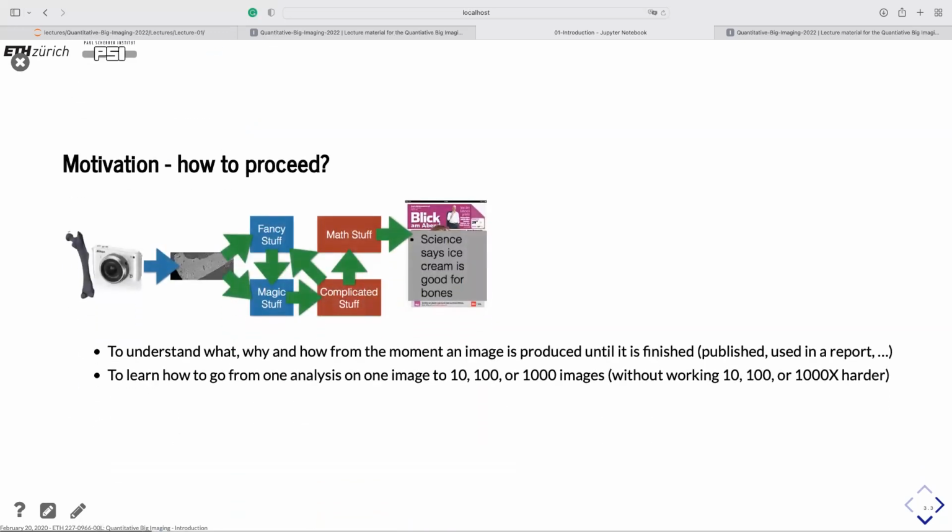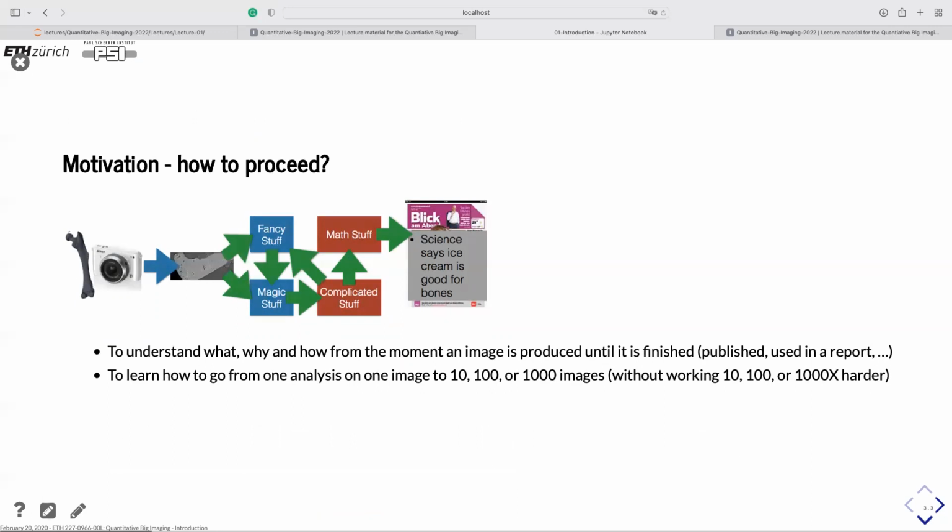And for the procedure, you can set up some kind of funny algorithm. You have your images, get slices, then you do some fuzzy algorithm with fancy stuff and magic stuff and some math stuff and complicated stuff, etc. That's not really the language we want to talk about.